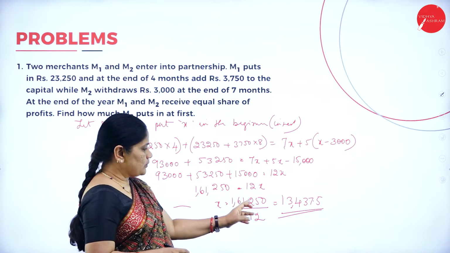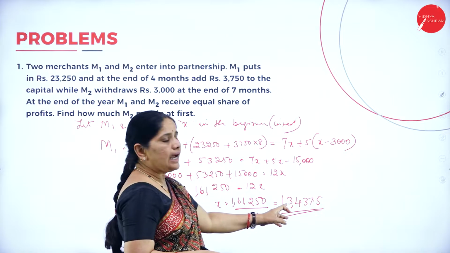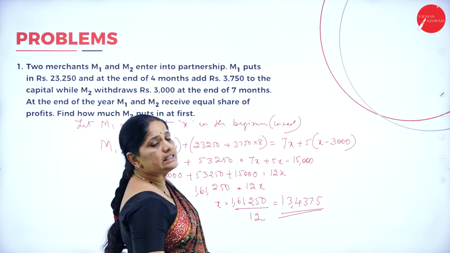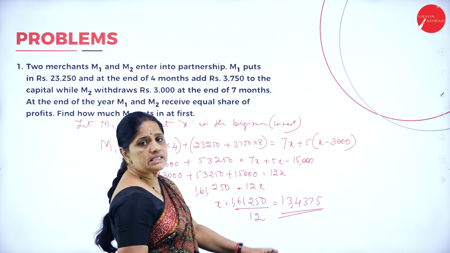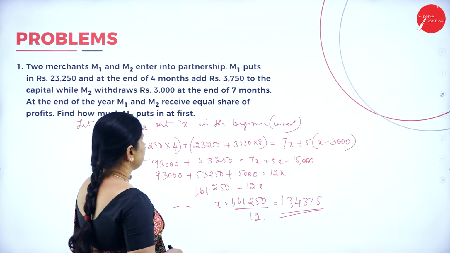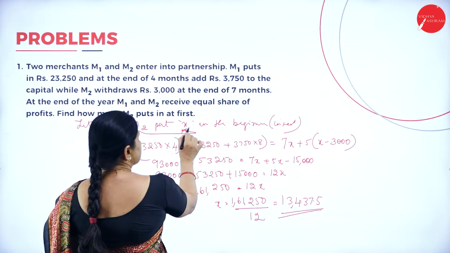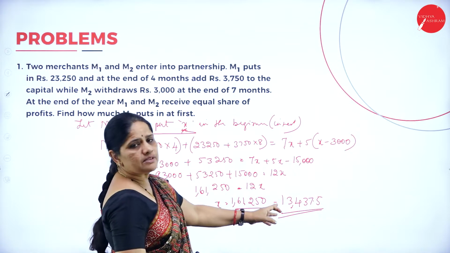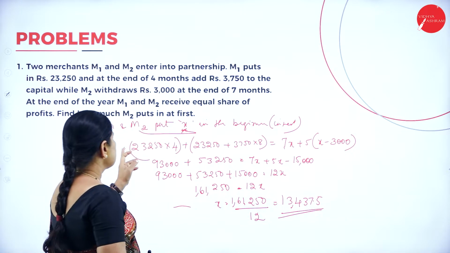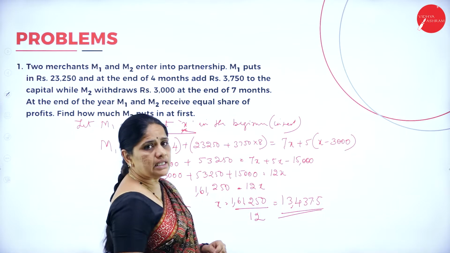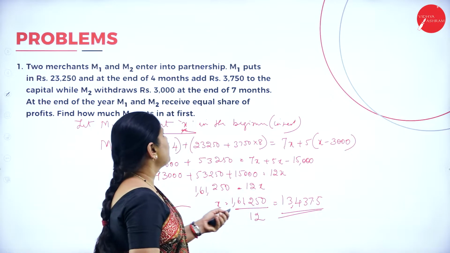So x will be equal to 1,61,250 divided by 12. I get 13,437.5. So this is the answer, the investment made by M2. So X has made an investment of 13,437.5, whereas Y has made an investment of 23,250 rupees. Now the next problem.